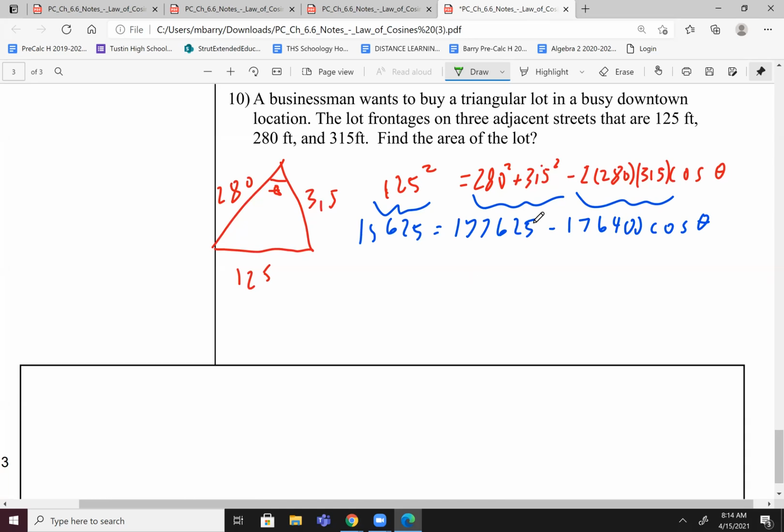As a quick reminder, we never want to subtract these two numbers because the second number is attached to cosine theta, so it's a non-like term. So I'm just going to subtract the 177,625 over to this side. 15,625 minus 177,625. So I got negative 162,000.